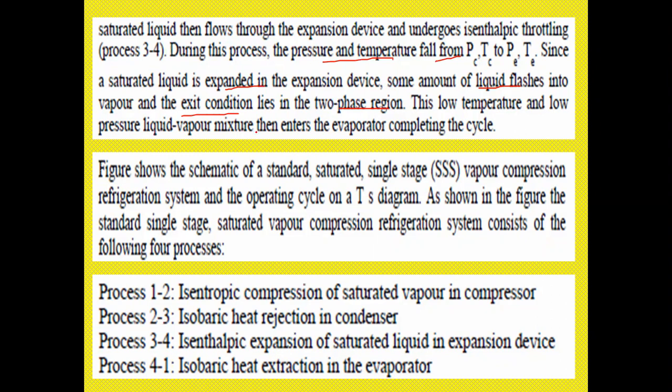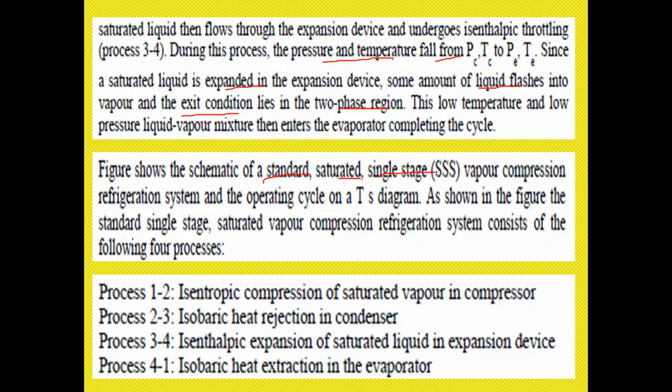Next, the figure shows the schematic of a standard saturated single stage vapor compression system and the operating T-S diagram. The figure is a standard single stage consisting of four processes.